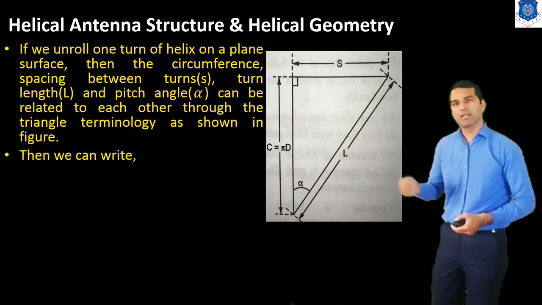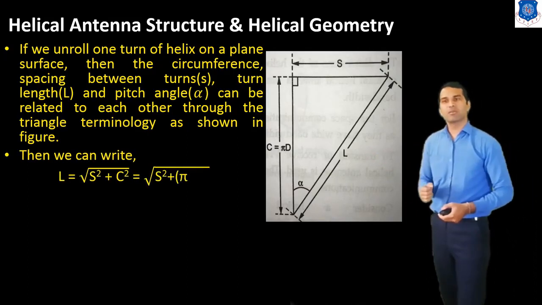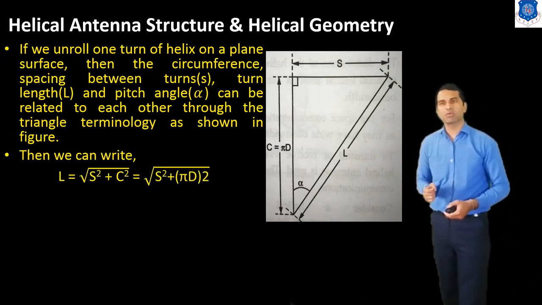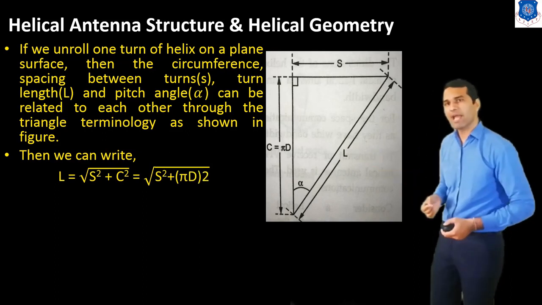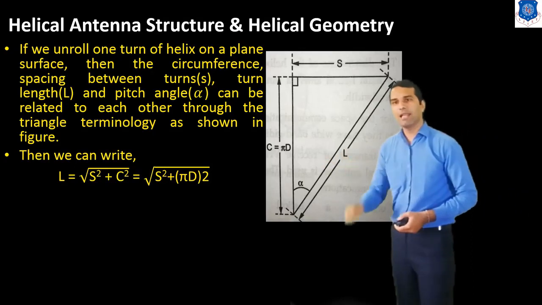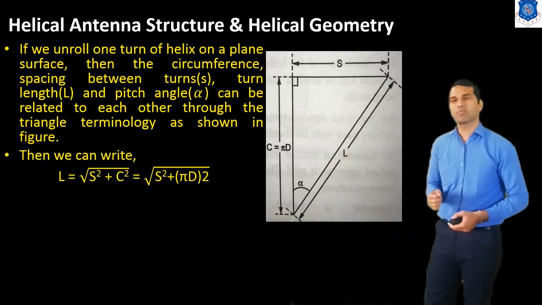Then we can write L equals under root S square plus C square. So by using the Pythagoras law, we can write from this figure L equals under root S square plus C square.